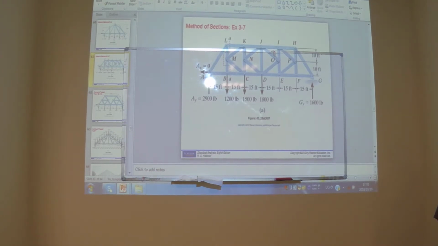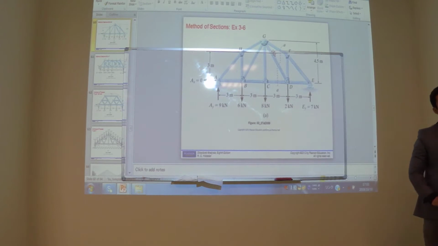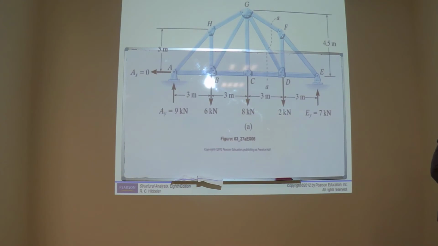Okay? But this truss, because of geometry, I think we should solve this problem. Or if you want to have any other problem, I can draw it for you. Is it fine? Or 3.7?